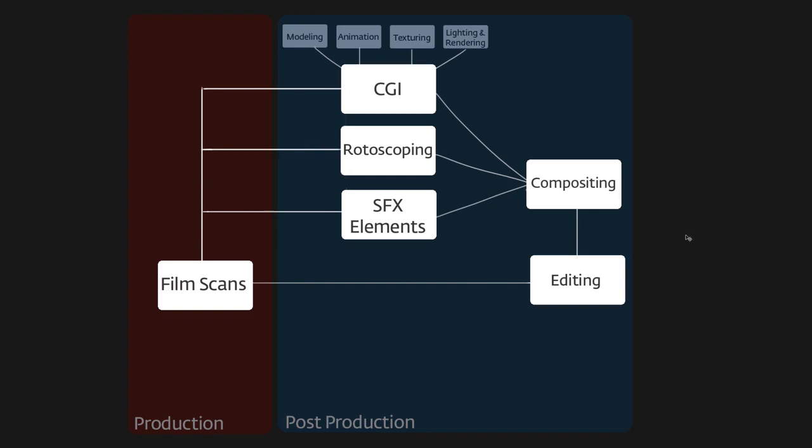If you are pursuing a career in visual effects, it would be very important for you to at least have a basic understanding of this pipeline, so when you do enter the industry, you at least have an idea of where compositing sits within the visual effects machine, I should say.